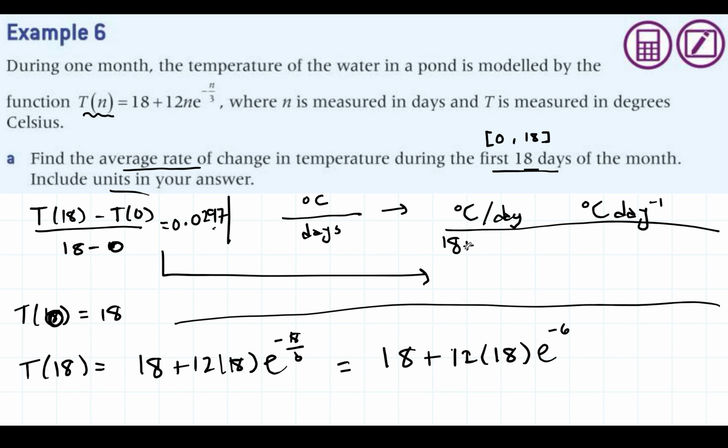Again, you don't need to do this by hand, but I do want to show you 18, e to the power of -6 minus T of 0, which is 18, all divided by 18, because it's 18 minus 0. So a lot of the 18s are going to cancel out.